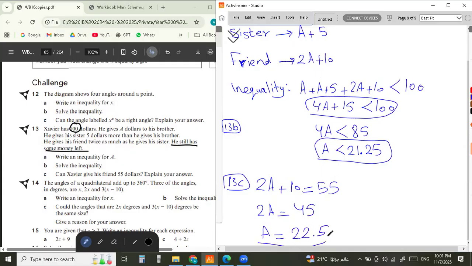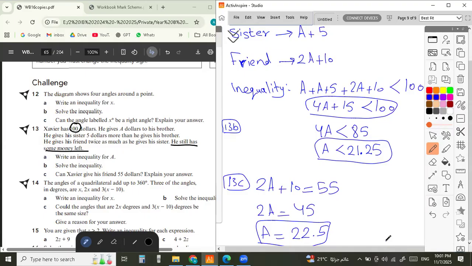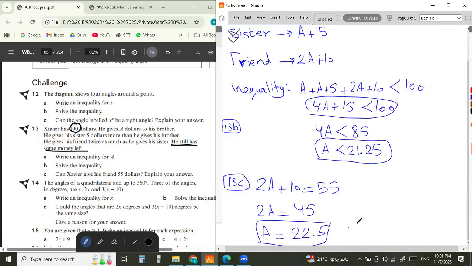22.5. Can this happen? No. Why? Because A must be less than 21.25. So if he gives his friend the $55, that means A is 22.5, which is more than 21.25. It's out of the solution set.